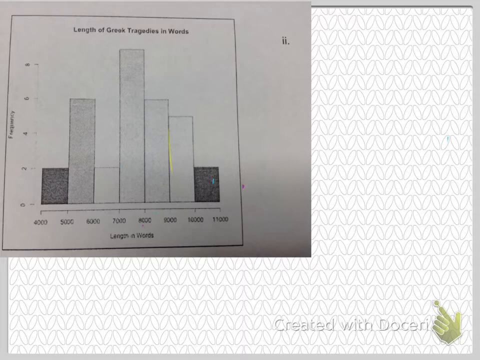So what I would do is go through here and write little numbers to figure out how many were there. In this first bin, it looks like there were 2 in that column. The next bin, it looks like there were 6. Third bin had 2. The next bin looks like there were 9. The next bin looks like another 6, and then we had a 5, and then we had another 2.